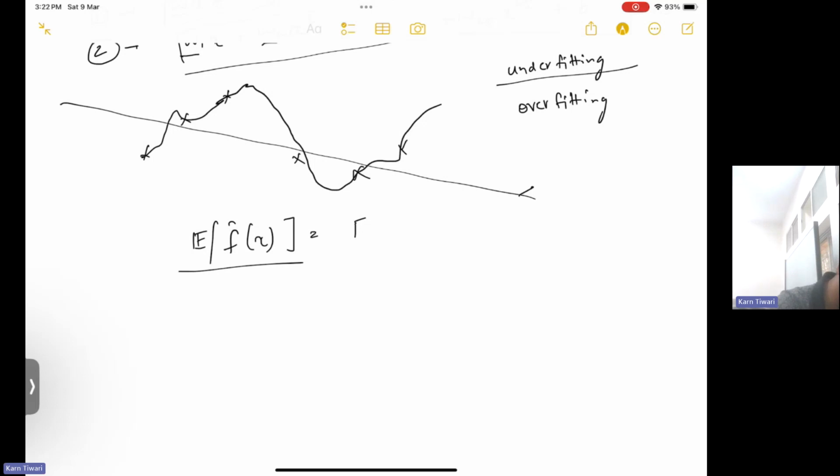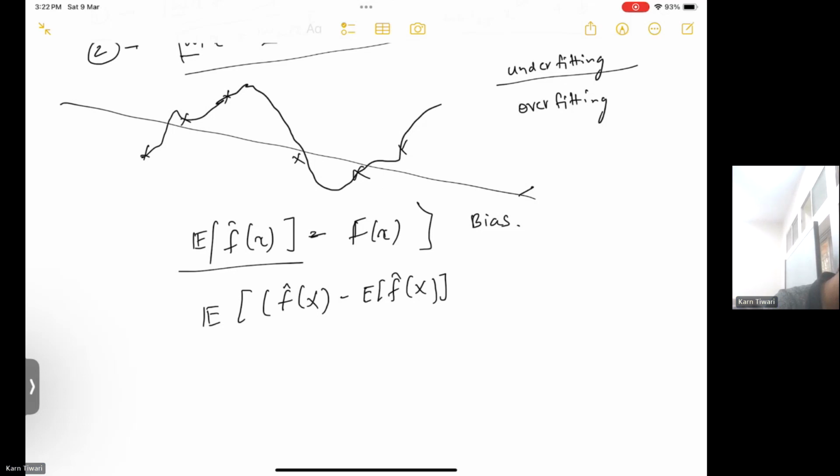This is what we are interested in, and if we subtract the true function f of x, this is what we call bias. And variance, if you see it, we take f cap of x, this is our model, minus the expected value of f cap of x. Okay, this whole thing squared, we call it variance.